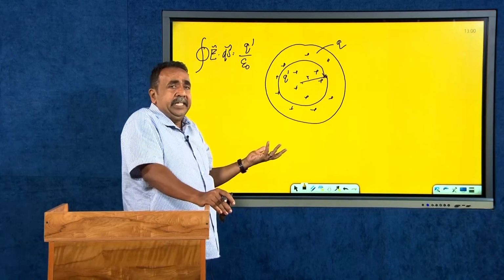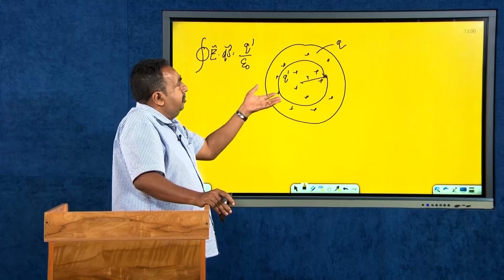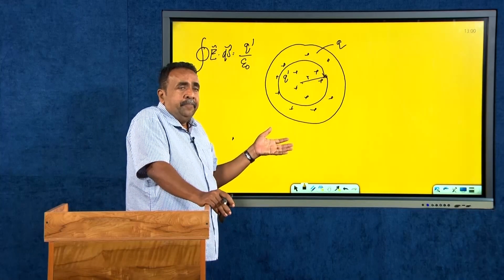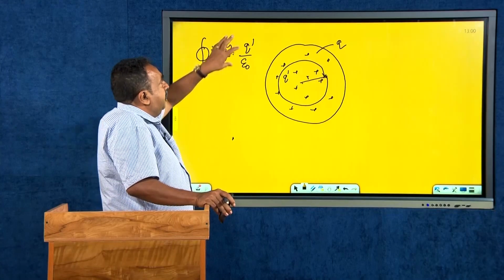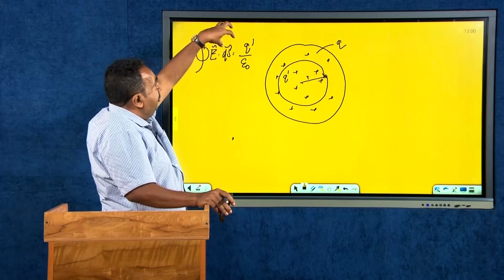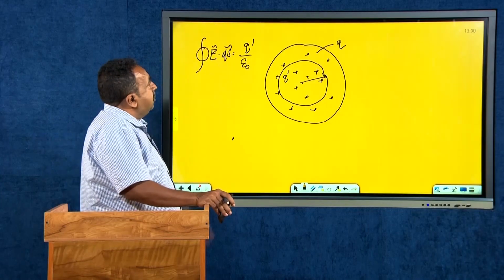That is his choice. Whoever is drawing it can choose a 5 centimeter or 10 centimeter sphere. Therefore, I cannot say that q prime is known to me. That has to be taken into consideration.